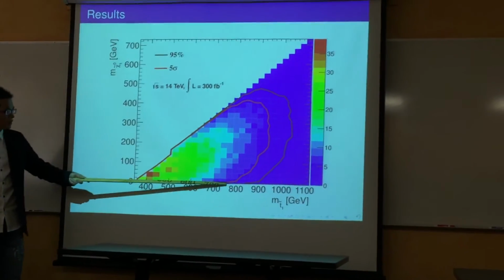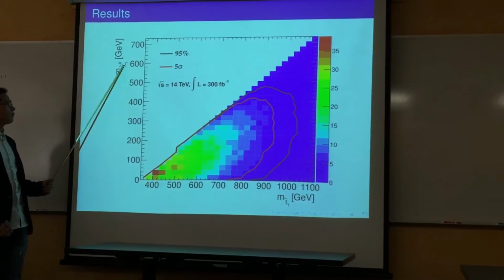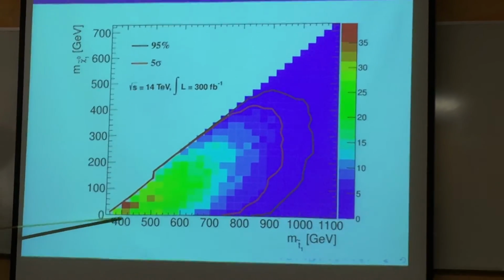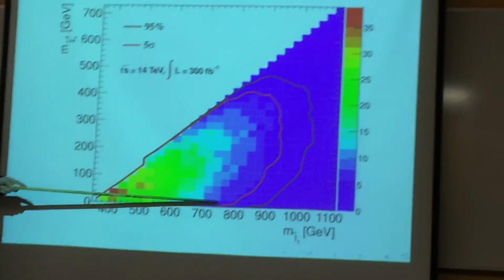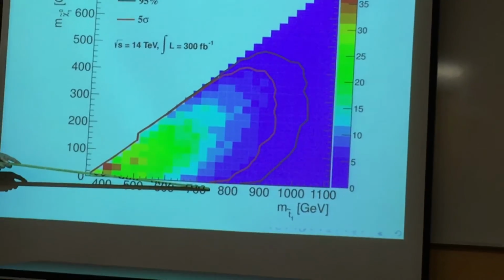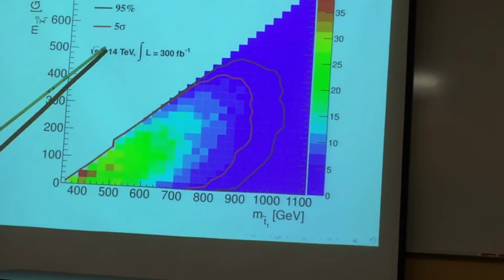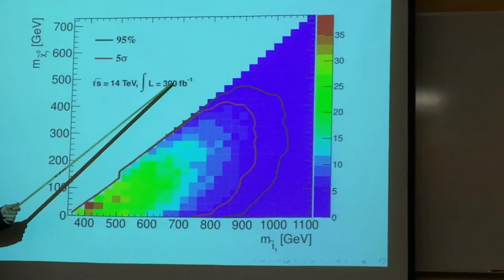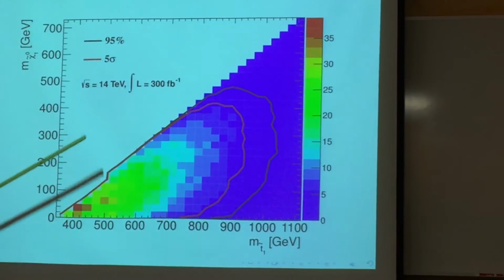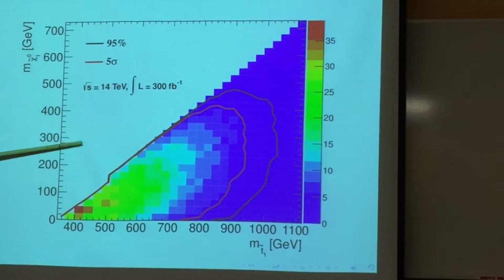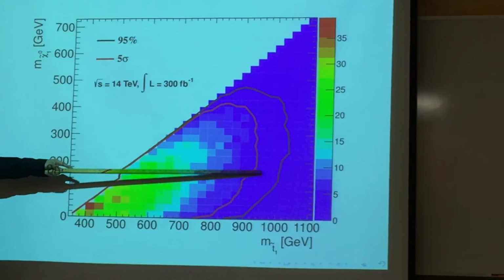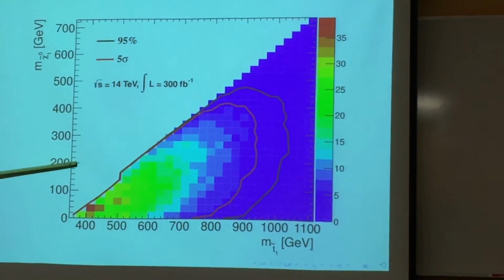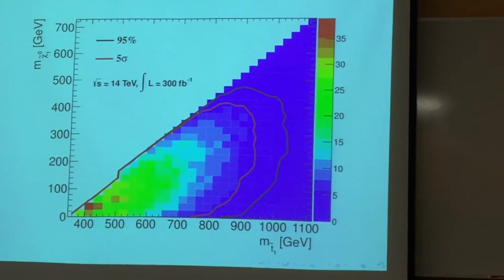You can see that if the LSP mass is 0, a stop mass around 740 GeV can be discovered at a 14 TeV LHC with luminosity 300 femtobarn inverse. And the biggest reach is around 900 GeV for an LSP mass of about 200 GeV.